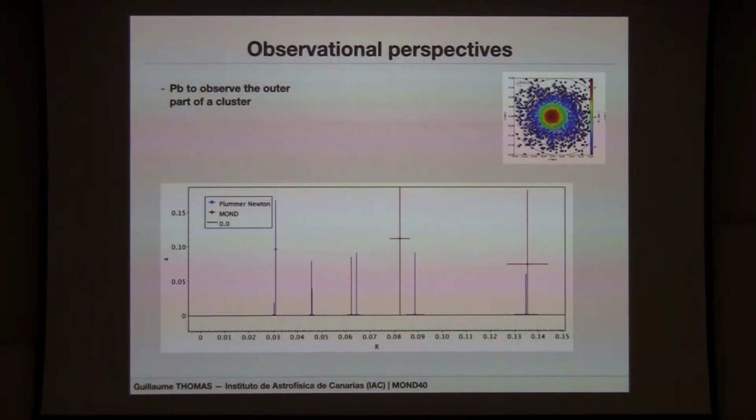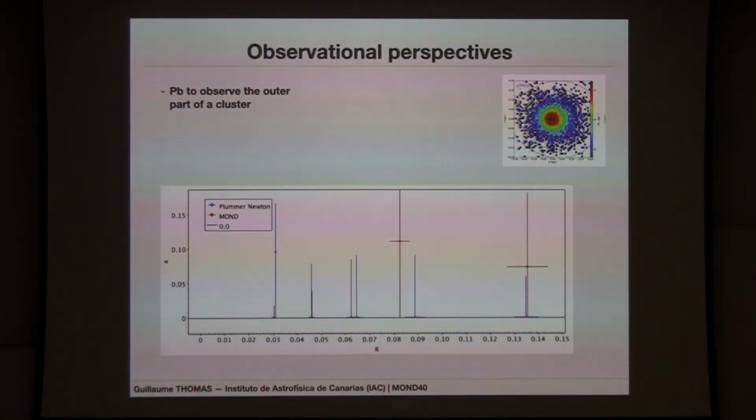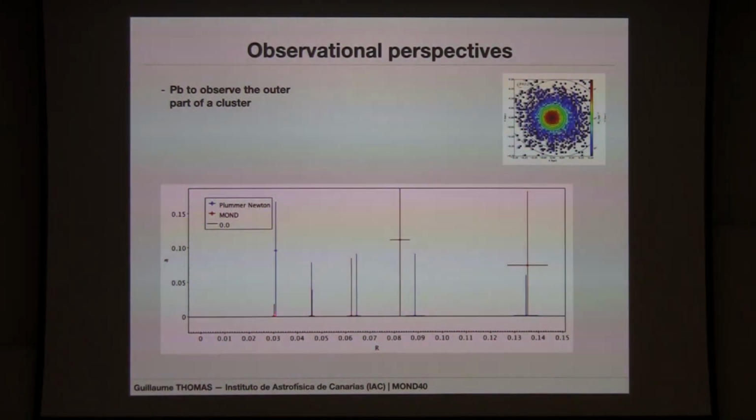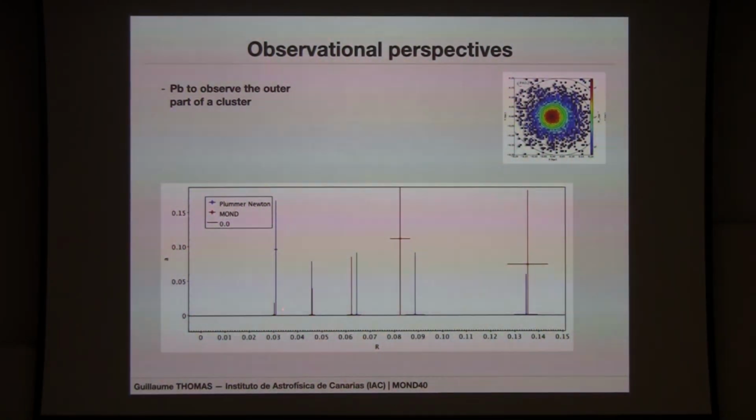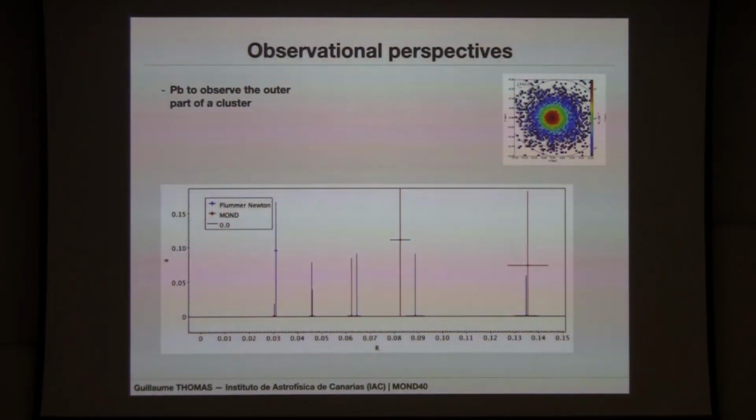And what you can see is that in the center, Newton does something pretty weird, but I think it's a problem that I identified to solve. But otherwise, you see in red, which is the MOND simulations, that you start to get a deviation around a given distance, and then you start to increase the amount of lopsidedness. But it is normal, because in the inner part you are in the Newtonian dynamics, and only when you start to depart from the Newtonian dynamics do you see this evolution.